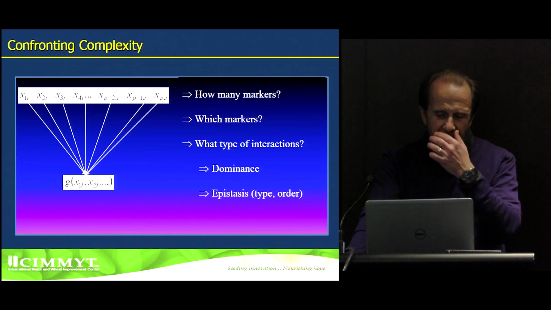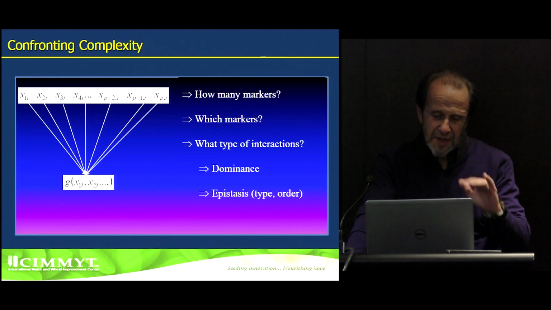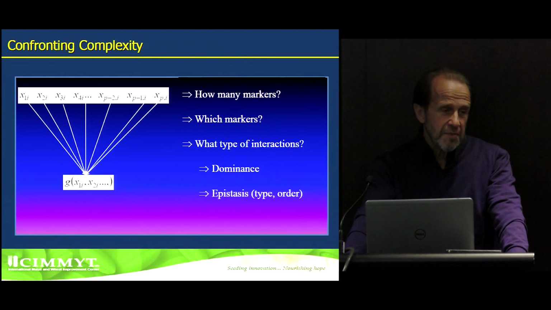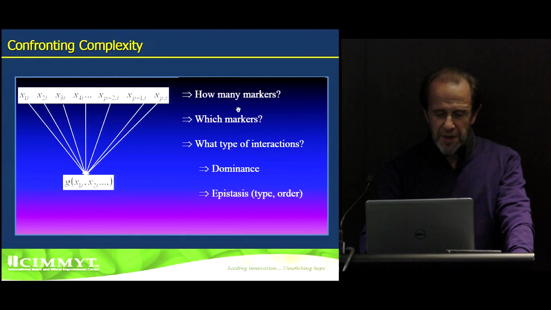The complexity comes because there are so many markers. We don't know which markers, what type of interaction, dominance, epistasis. We have environment, so we have markers and environment.